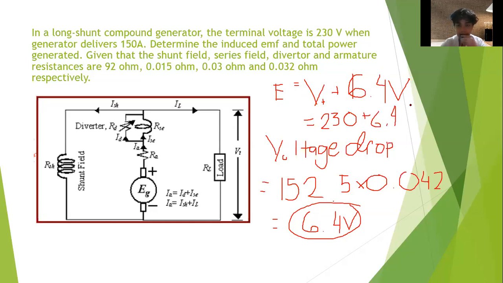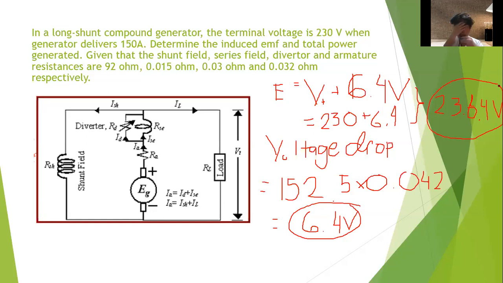Given that, the total voltage generated by the armature will be 236.4 volts.